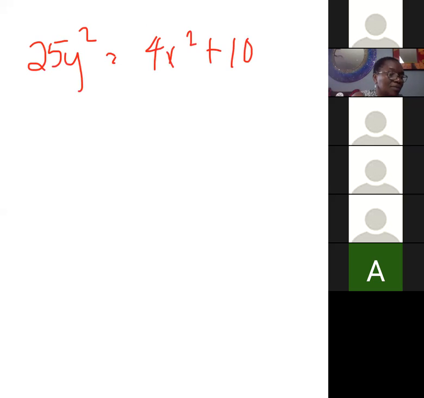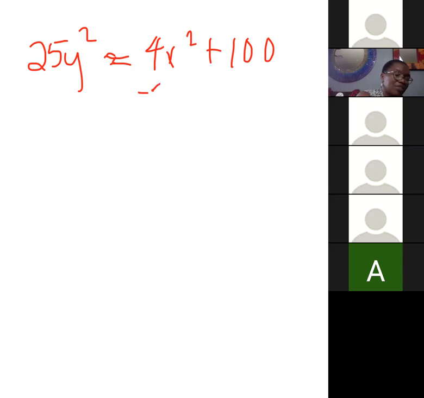All right, guys, so here comes the next one, and maybe that will answer some of the questions you're having. This next one is one of the questions on the test that has to do with a graph. I think this is the only graphing question on the test. It is 25y squared is equal to 4x squared plus 100. Obviously this is not in standard form. You have to write it in standard form, meaning you want the equation to equal 1.